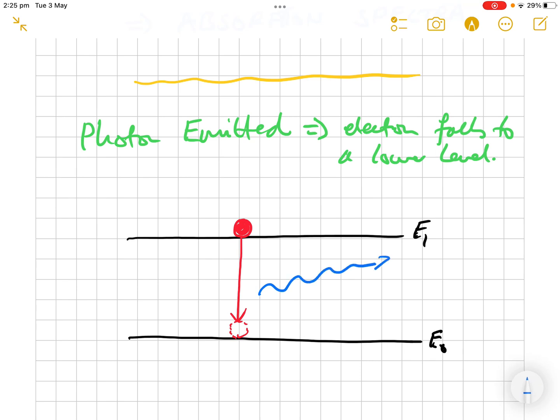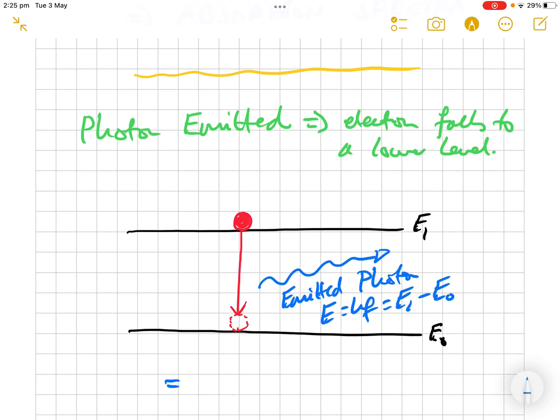And when that happens, a photon is emitted. Energy E equals hf, which is again E1 minus E0. And this is what happens in emission spectra.